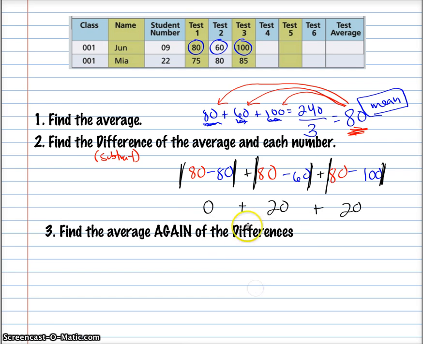So the differences, that means the subtractions. So I'm going to add these all up. This 0 plus 20 plus 20, which equals 40, and I'm going to divide that by 3, because I added 3 numbers again. 1, 2, 3. 40 divided by 3 is going to be, I think, 13.3 and a third. Okay, I'll continue this on the next video.